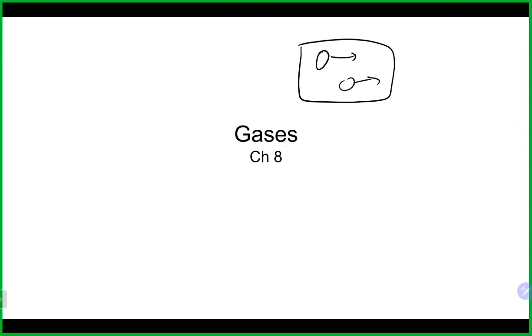So they're flying around, and as they're flying around, they're causing collisions. And the collisions are what cause our pressure, which is typically what we associate with gases a lot. As we'll talk about, more collisions, more pressure, less collisions, less pressure.